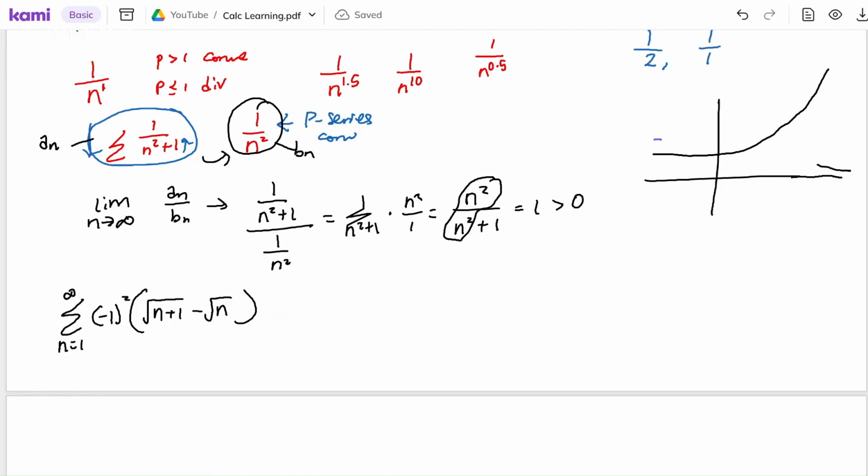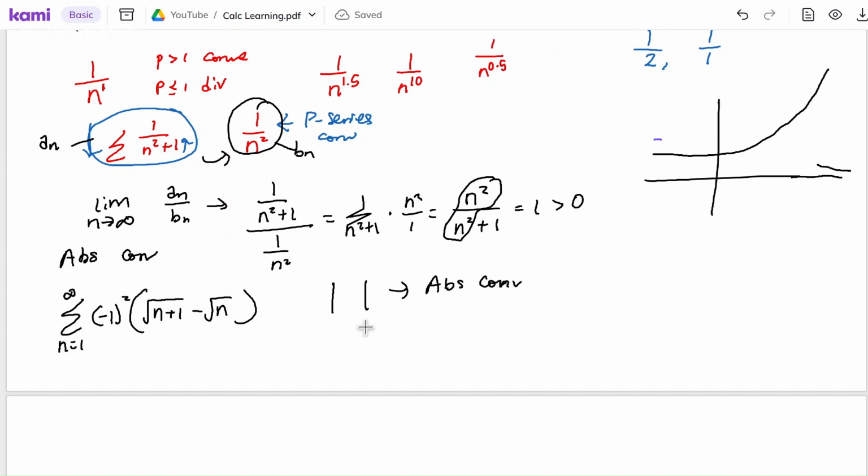I found a good function for proving absolute convergence. So to prove absolute convergence, the best strategy is first of all to find if the absolute value converges, because if it does converge, then you're done with the whole problem, and you can just say it converges absolutely.